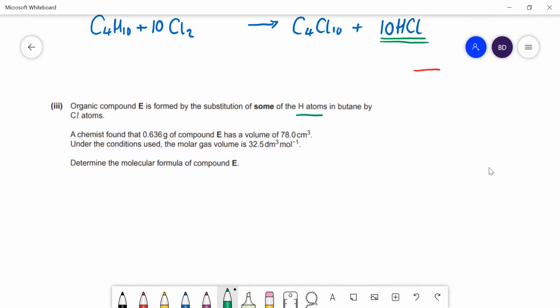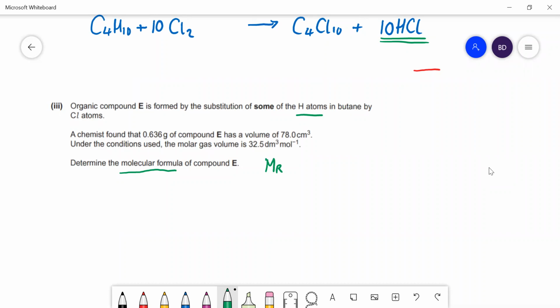Okay, now, how we're going to do this, we need to work out the molecular formula of compound E. To do that, we need to first work out its molecular weight, its MR, its molar mass. And how are we going to do that? We're using gas volume.